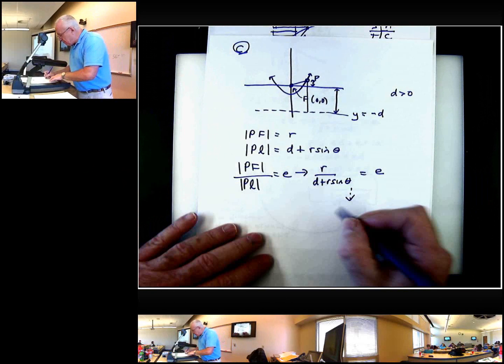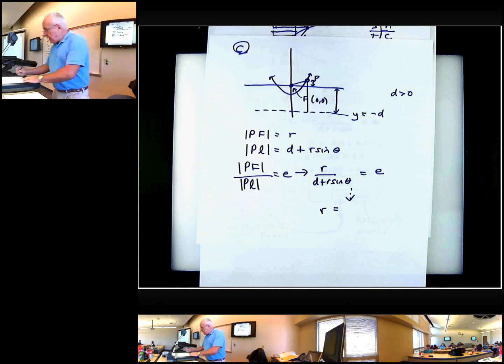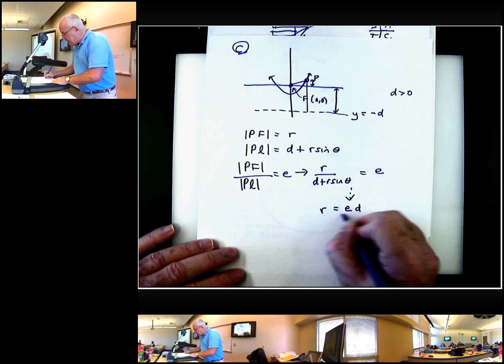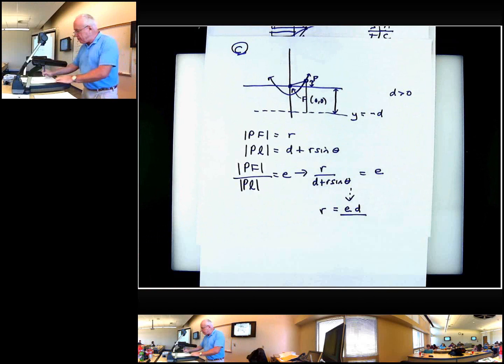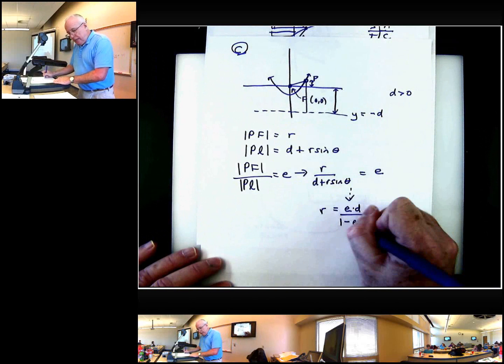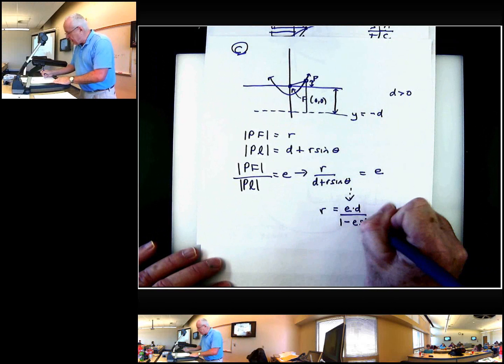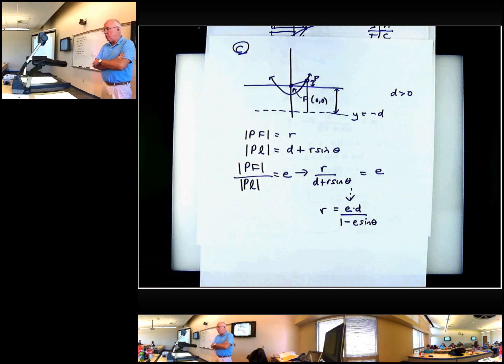What we come up with is this: we isolate the R on one side, and we have E times D on the top, and on the bottom we have 1 minus E sine of theta.